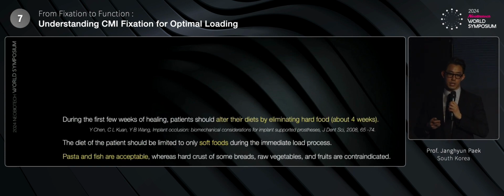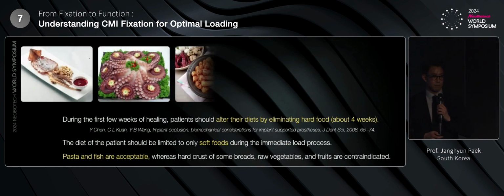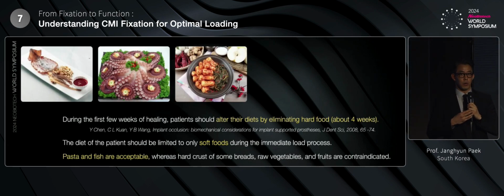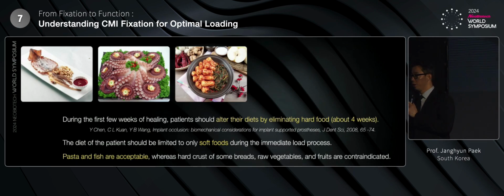So I have an interesting issue to share with you. We have to let the patient be on a soft diet. These foods from Korea are really hard, really tough. If the patient eats food like that, that will cause another failure in implant immediate loading cases.